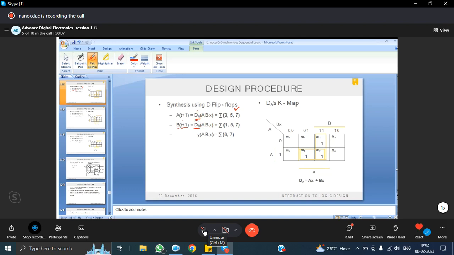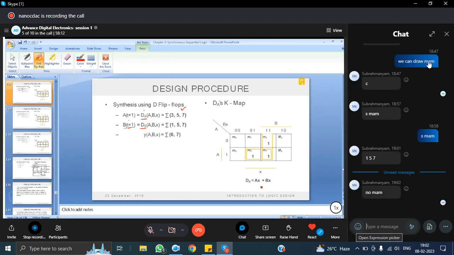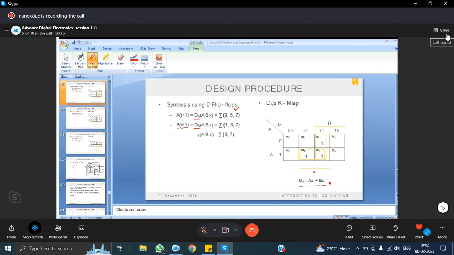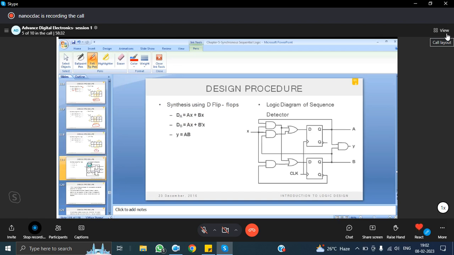Since I am taking two D flip-flops, I write dA and dB. For dA, the equation you got using the K-map is AX plus BX, and for dB using the K-map you got AX plus B bar X. For the output, Y is equal to AB.